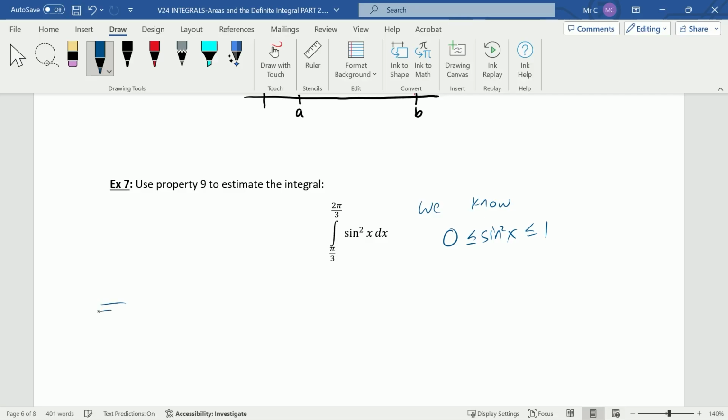And so that implies that this integral is between the upper bound times b minus a and the lower bound, which is just 0, also times b minus a, but that's kind of redundant.